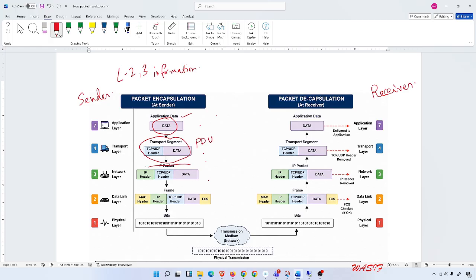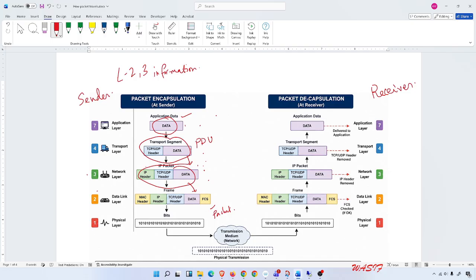Here it becomes the PDU for the next layer, and at the end the packet forms. Now we are focusing on layer 2 and layer 3.